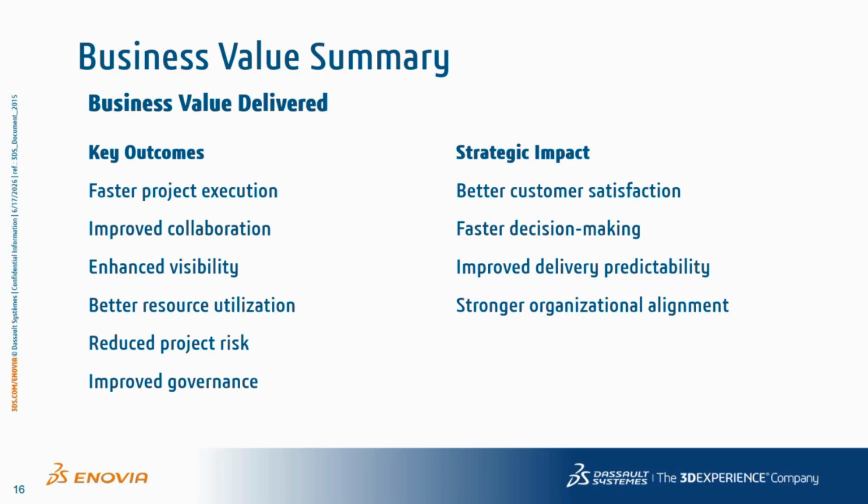You have enhanced visibility, better resource utilization, and reduced risk related to the development or execution of the project. You also have improved governance, where you can have a handle on your projects completely. You can see governance aspects such as traceability and monitor the progress completely. All these governance aspects are improved.